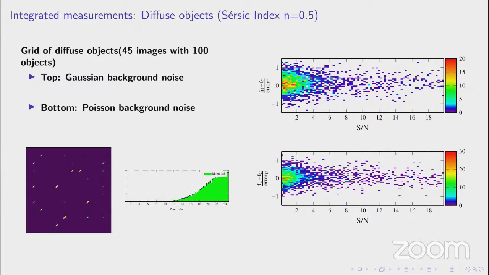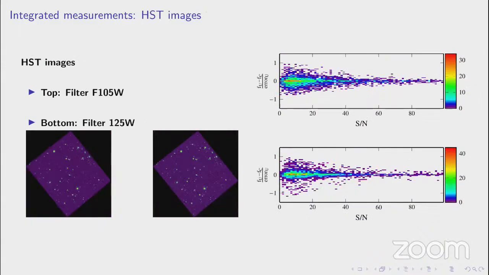Hi, great work. I have a question. When looking at the shape of this plot, the dispersion doesn't decrease extremely as you go to higher signal to noise, while in the HST data it seems to decrease much faster. So the thing is, in the HST we go to even signal to noise 100.